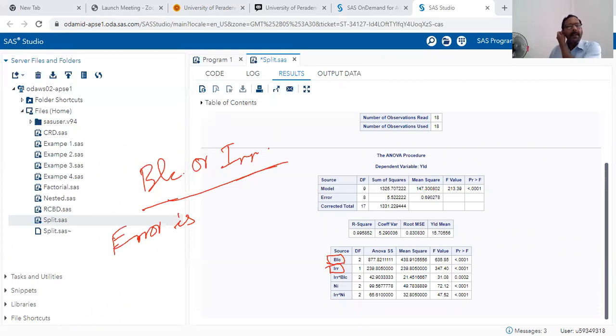Normally we don't test block, but the error term is irrigation into block. So especially for irrigation, this is different; the others are okay. Nitrogen, irrigation into nitrogen, that is also significant, no problem.